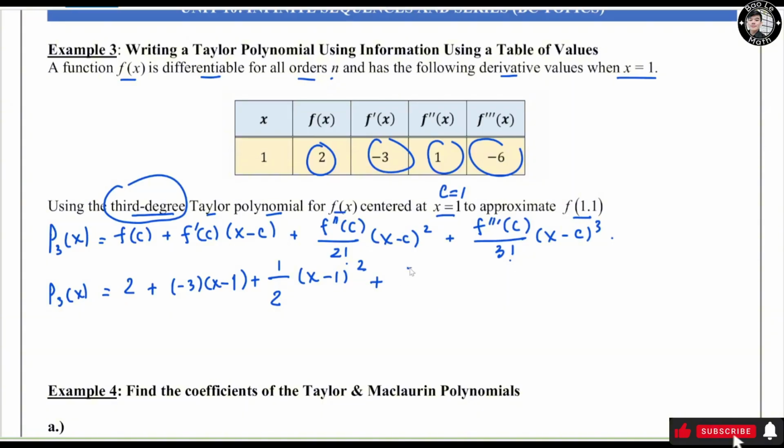Negative 6 over 3 factorial is going to be negative 1, times (x minus 1) cubed.